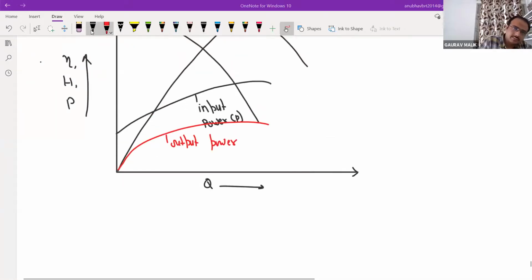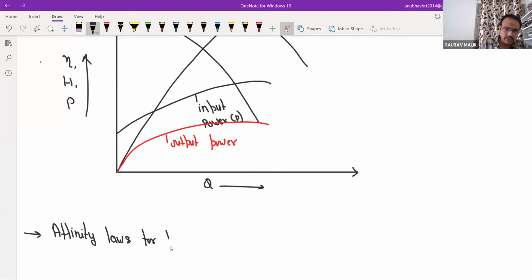Write down next. Affinity laws for pumps.